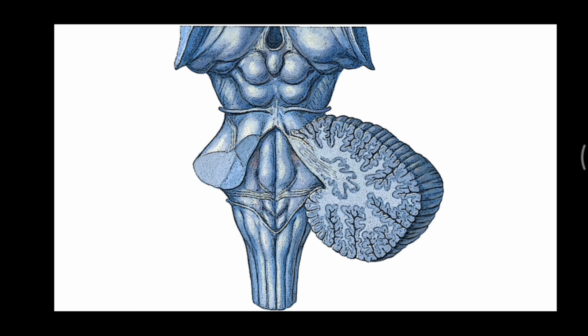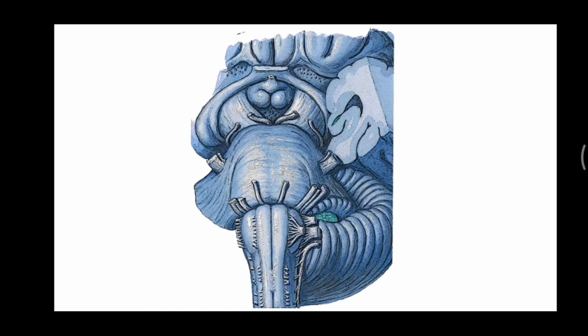On the dorsal side, the pons forms the rostral part of the floor of the fourth ventricle. Literally, the pons means a bridge, since it acts as a bridge between the midbrain and hindbrain and connects both the cerebellar hemispheres across the median plane.